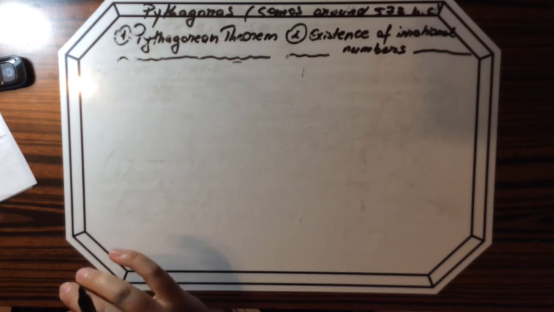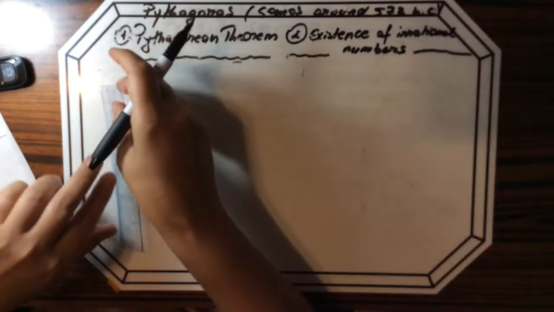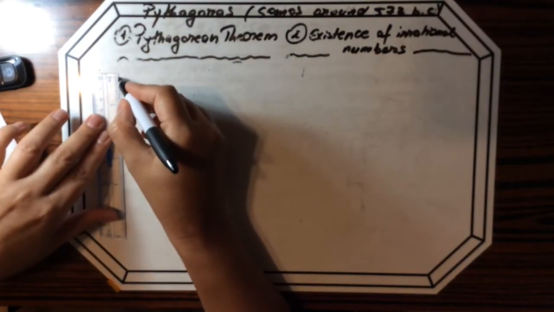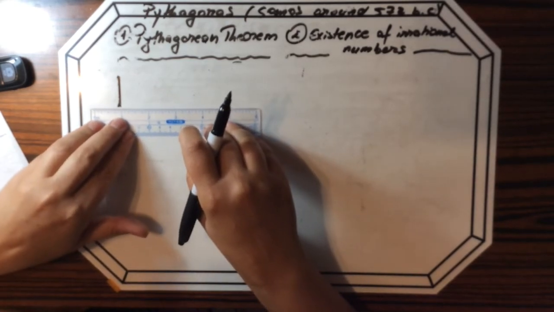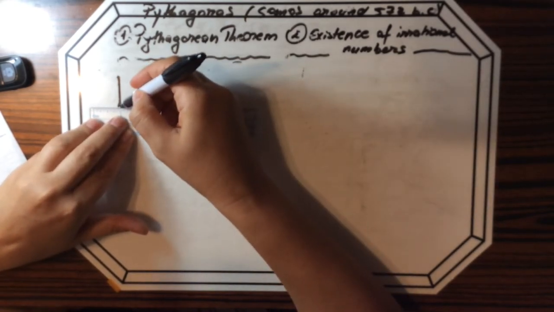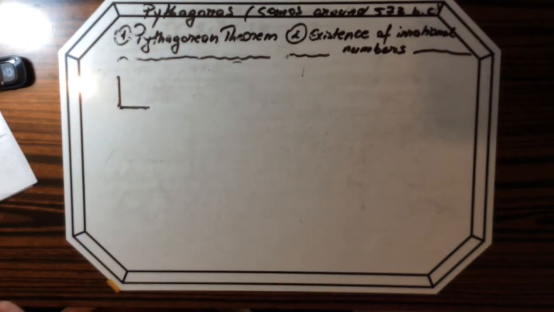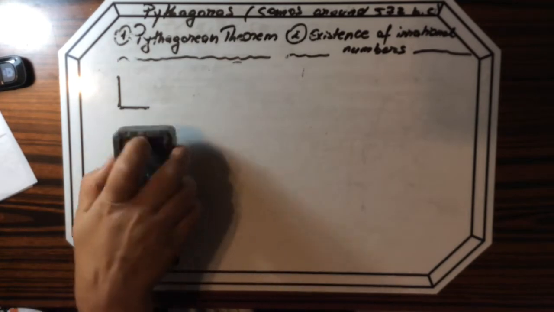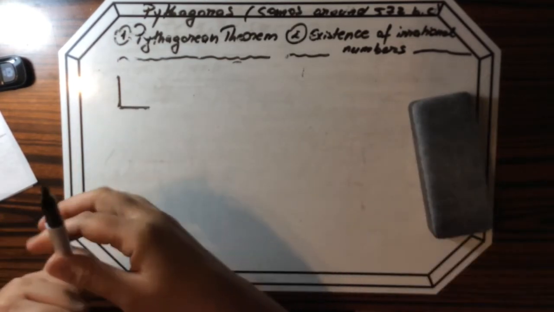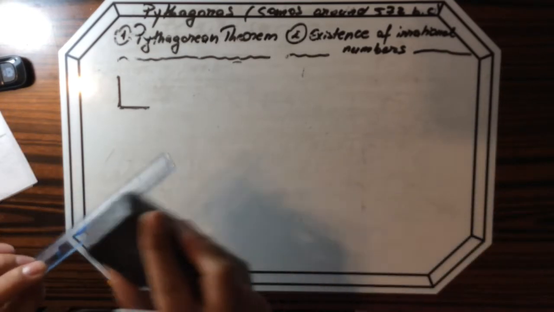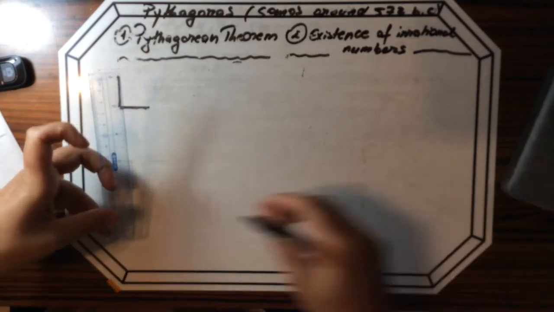So what Hippasus meant was the following: should you have a square with sides of length 1, whatever 1 is, by 1 here we mean a unit, a measure of unit.